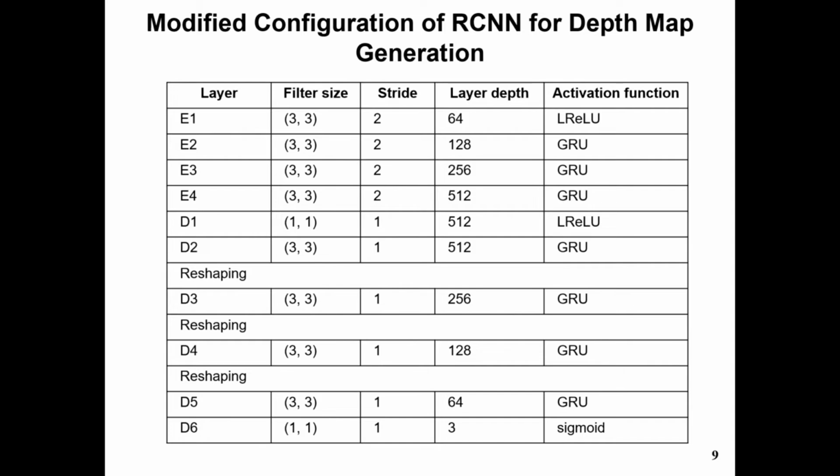Leaky rectified linear units were used in two layers. As can be seen from the table, nonlinear activation functions are used at each level where the GRU cells are not applied.